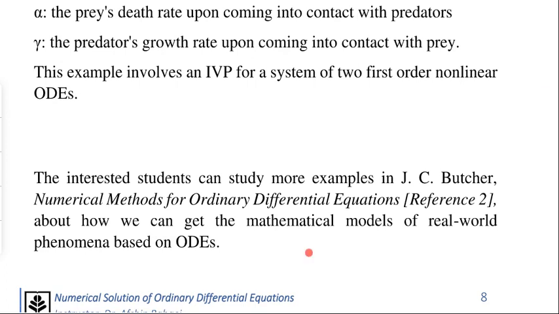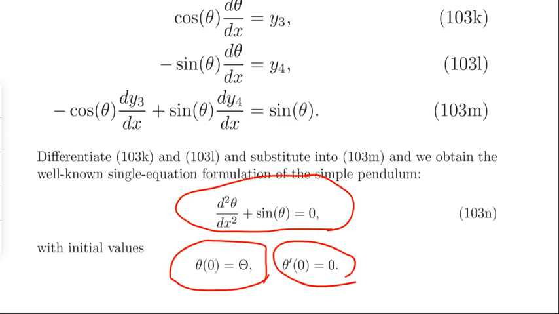In the first example, we saw that the motion of a pendulum can be modeled by this second order ordinary differential equation subject to two initial conditions.